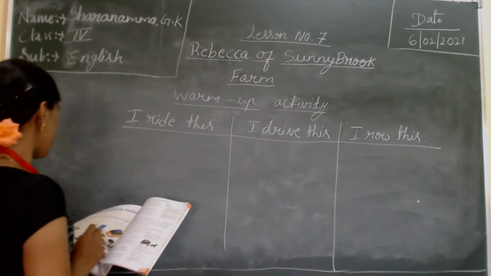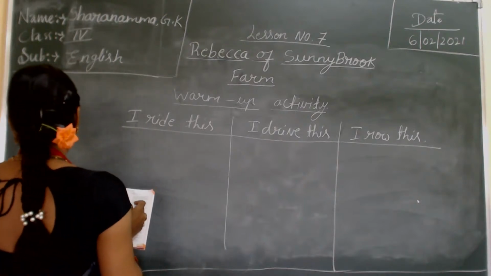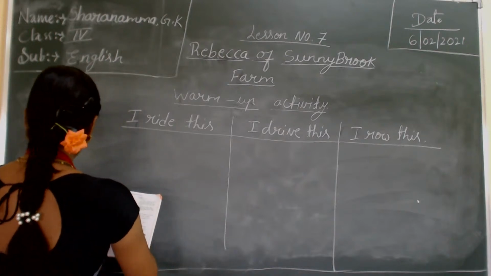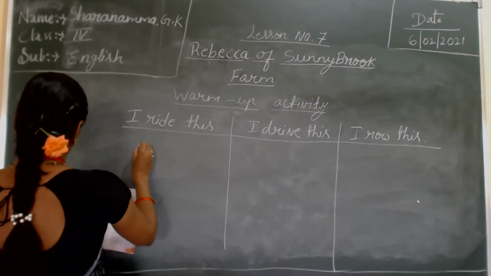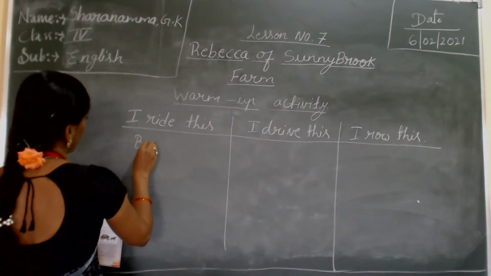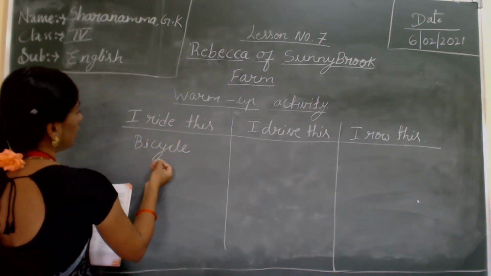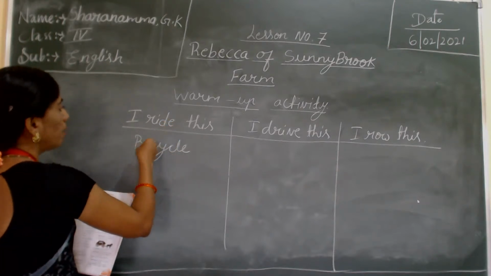In the first box, we can write the bicycle.